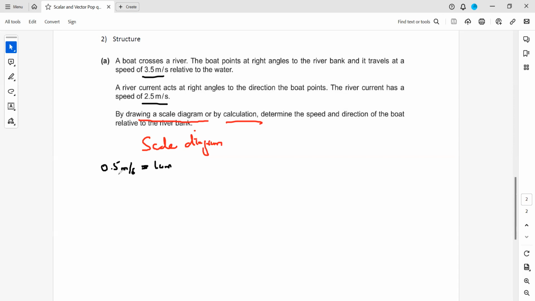So if 0.5 meter per second equals 1 centimeter, then 2.5 meters per second will equal 5 centimeters, and 3.5 meters per second equals 7 centimeters.